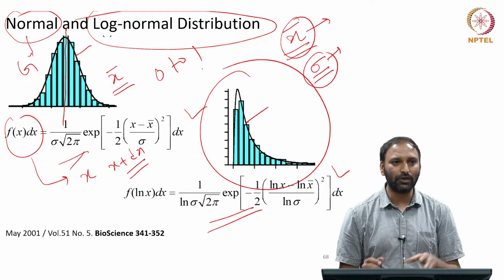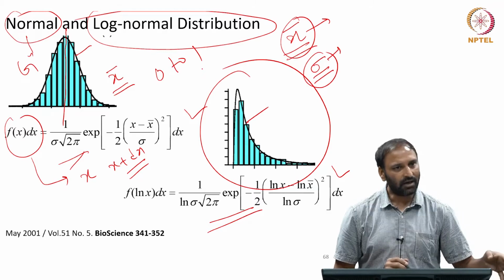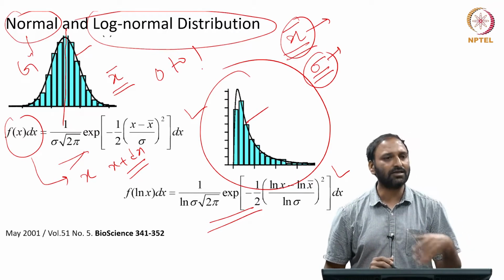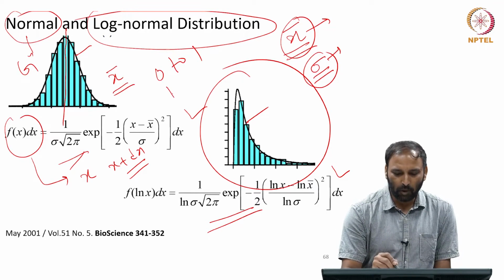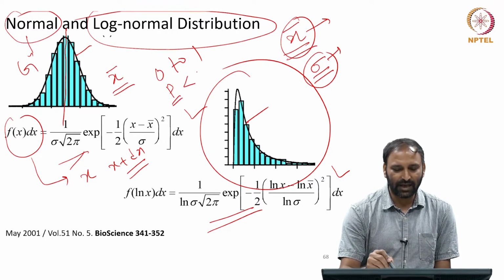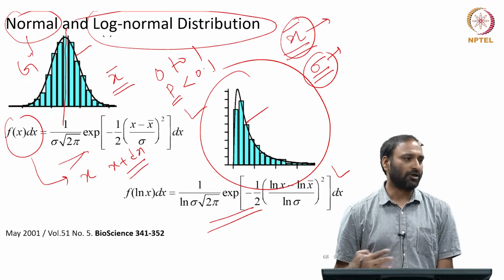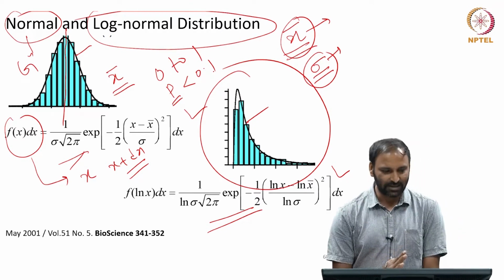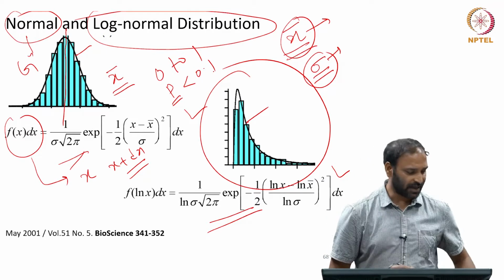The closer to 0 it is, that means it is monodisperse, and if the values are larger, then it is polydisperse. Typically, for all practical purposes, if your polydispersity index is less than about 0.1, you can practically consider them to be monodisperse samples. Okay, that is about the characterization of the particle size.